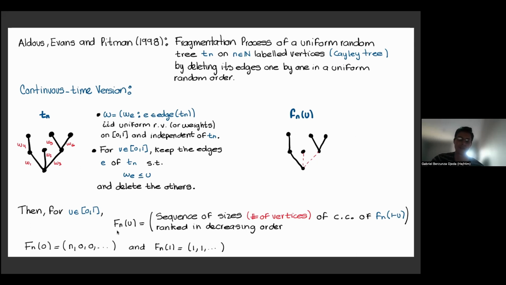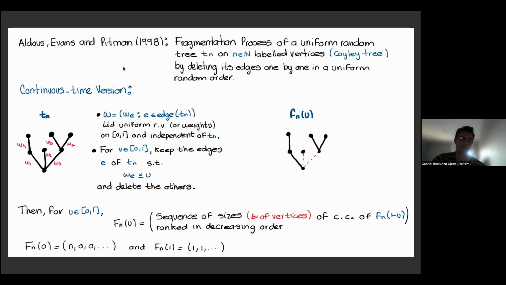In particular, with this parameterization, if I put u equal to 0, I keep all the edges and only have one connected component of size n. If I put u equal to 1, I have already removed all the edges and only have isolated vertices, so all components have size 1.